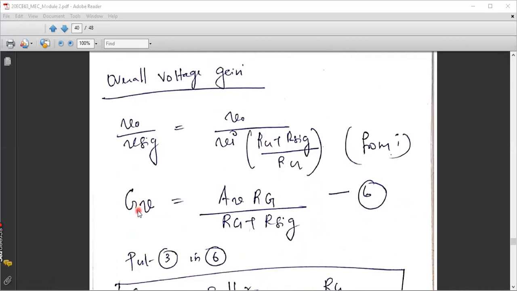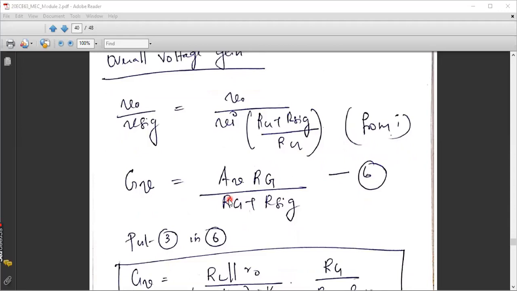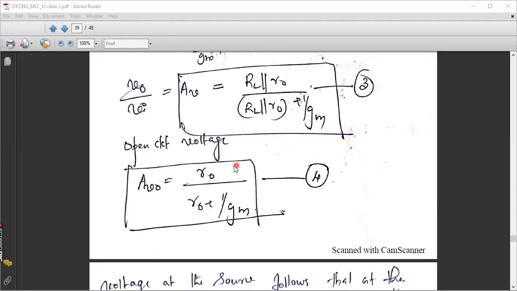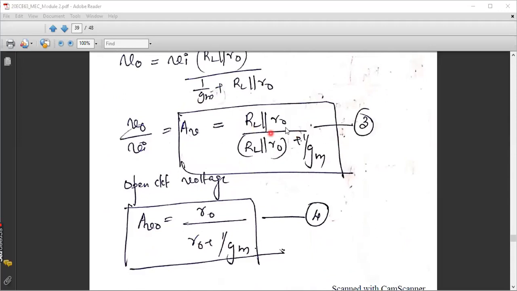So overall voltage gain will be less than the original voltage gain, because you can see the denominator will be more than the numerator. So the entire fraction goes less. GV will be less than AV. Now what is AV? Already we have derived the expression for AV from equation number 3.